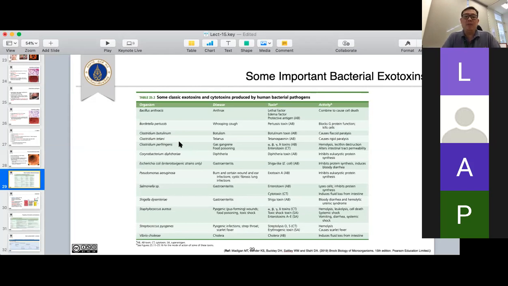But toxin can be many types. You need to go back and review yourself. In the very beginning, we said cytotoxin, the toxins that can destroy a host cell by making pores.